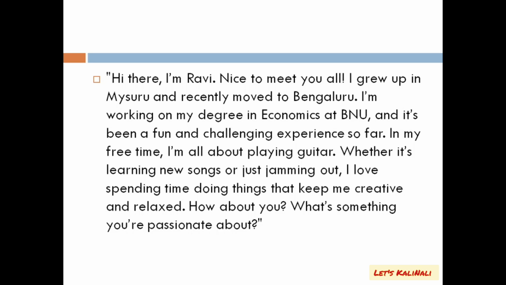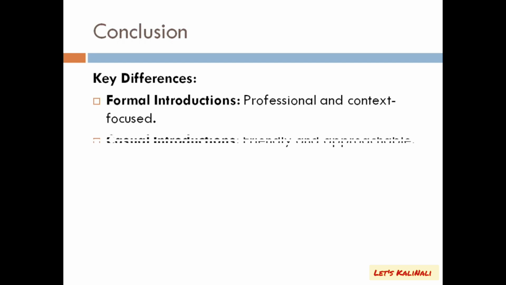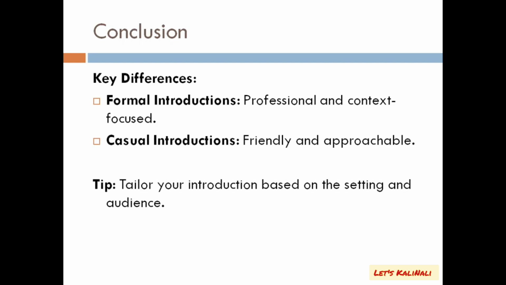Okay, so this is how you need to explain about yourself in a casual way. And what are the differences between a formal introduction and a casual introduction? In one word, you can say that formal introduction is a professional and context focused way of introduction. According to the situation, you need to introduce yourself.